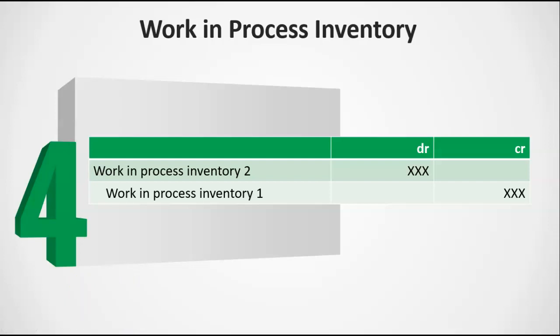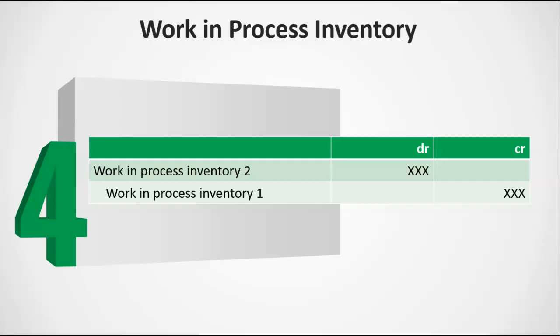So the next one is work in process inventory. Work in process inventory consists of goods that are partially completed. In the process costing, where there are more than one work in process inventory account, then we need to see the flow.